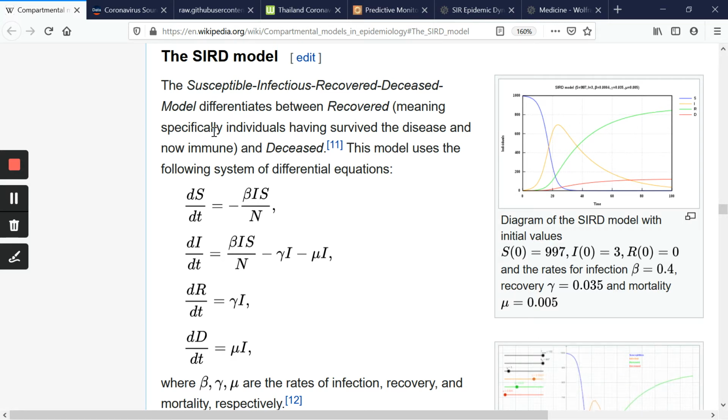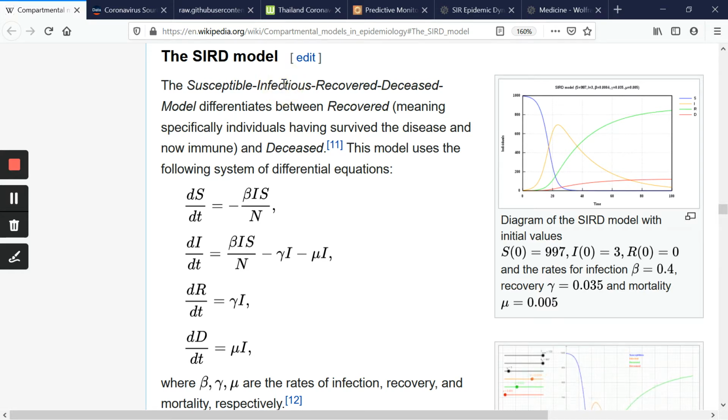What they did was they compartmentalized the general population into three groups. The first group is called susceptible. That means that these are the people who are not immune to the disease and therefore can become infected, but they haven't yet been infected. Okay, so it's the pristine population, but vulnerable population.